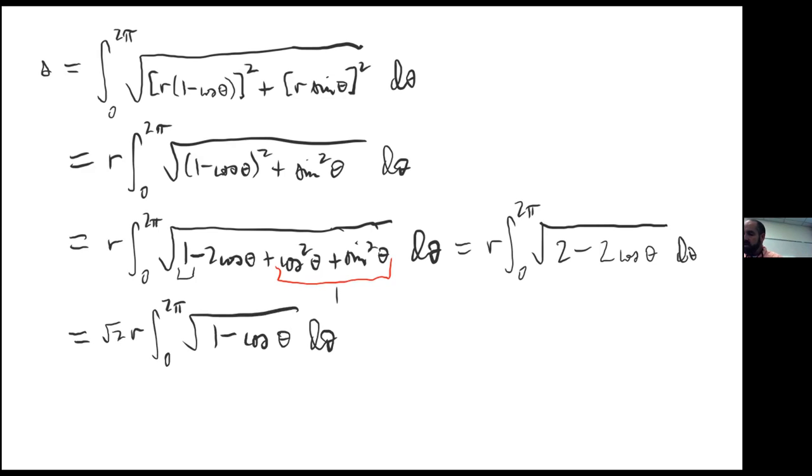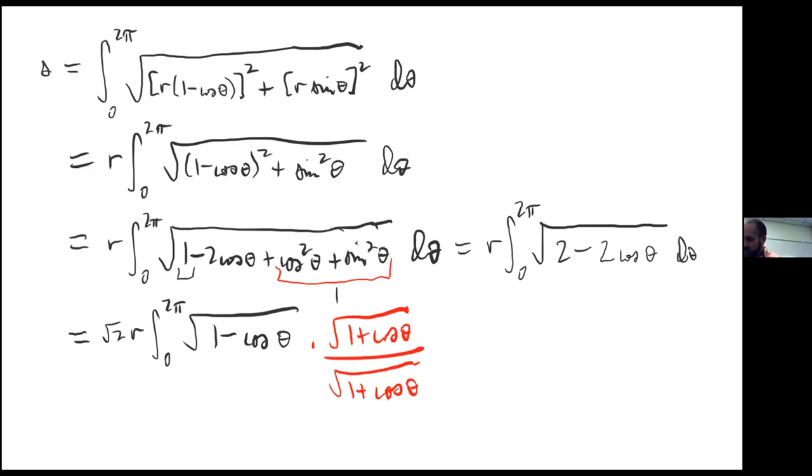Now, this is one of those tricky integrals that we would have encountered in, what was it, the first section of chapter 8, remember that? One way that we can deal with this is the following. Let me erase the d theta here, watch. I could actually multiply this thing by the square root of 1 plus cosine of theta over the square root of 1 plus cosine of theta.